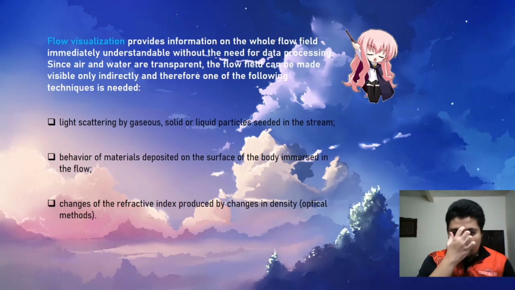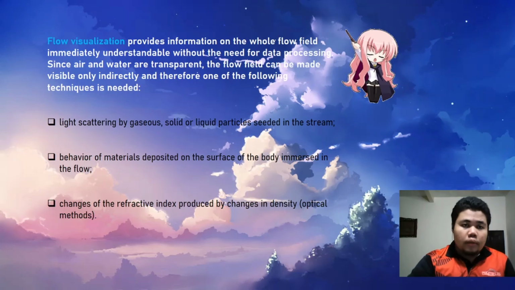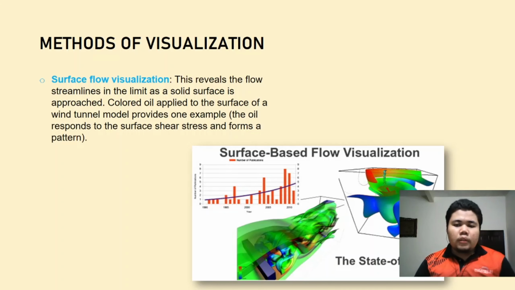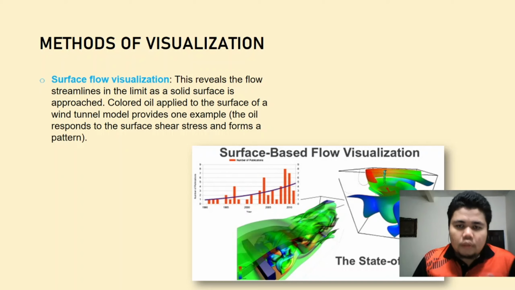So I'm going to explain about the methods of flow visualization. The first one is surface flow visualization, and as you can see in the slide, I put a picture. This is an example of surface-based flow visualization. It reveals the flow streamlines in the limit as a solid surface is approached.